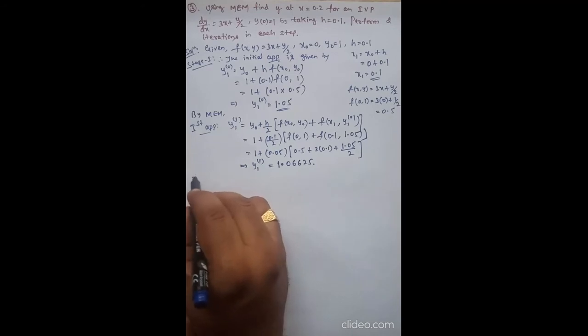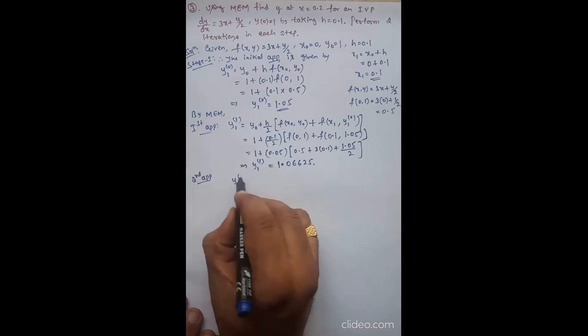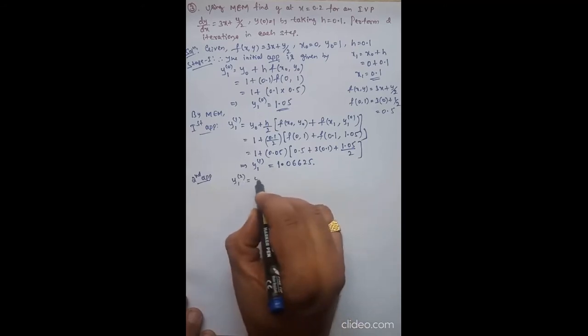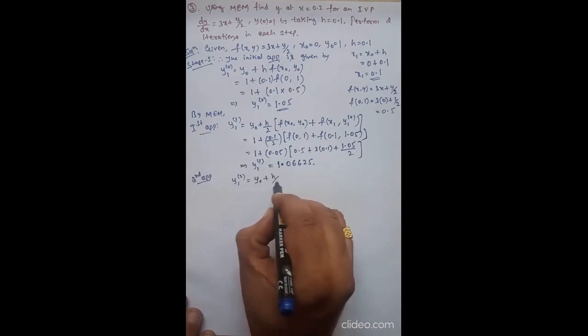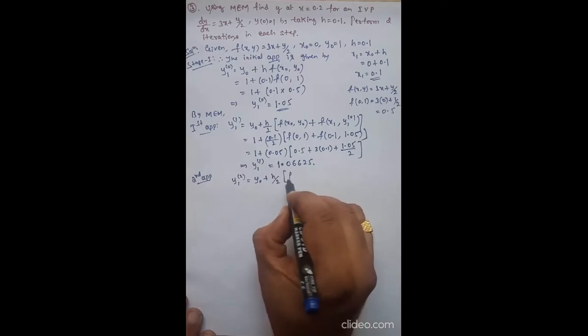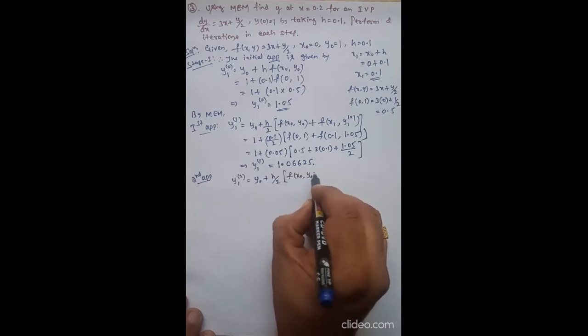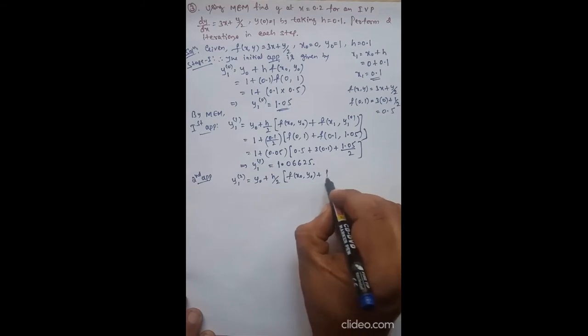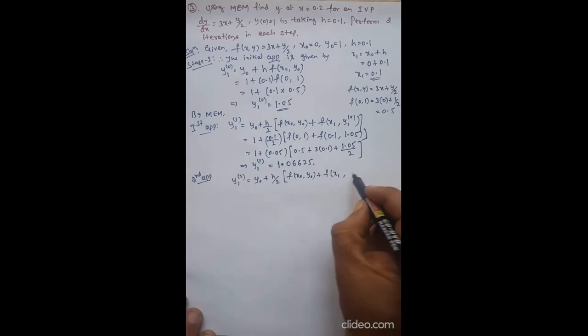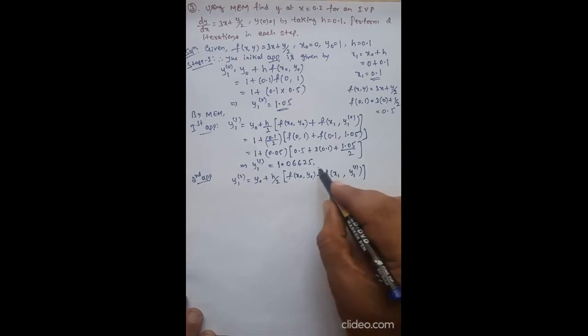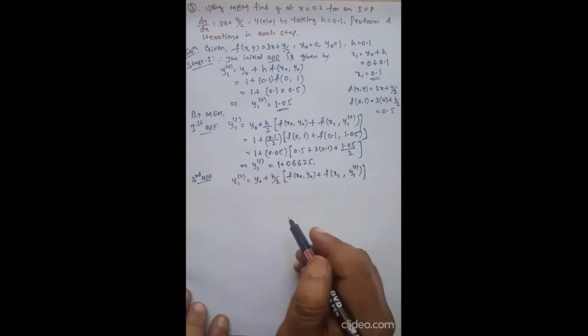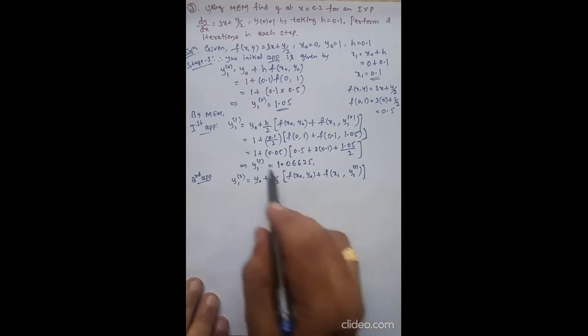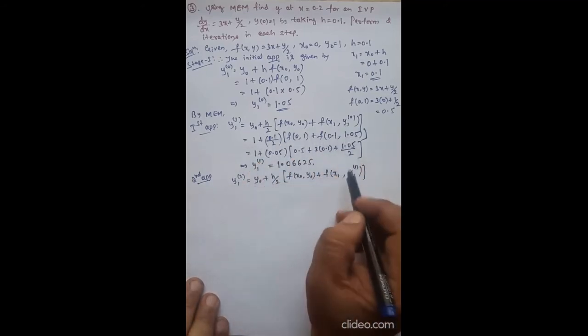Now second approximation. So you know the formula is y1 power 2 equals y naught plus h by 2 into f of x naught comma y naught plus f of x1 comma y1 power 1, first approximation. Now you know all these terms are same, only the last value is different here.